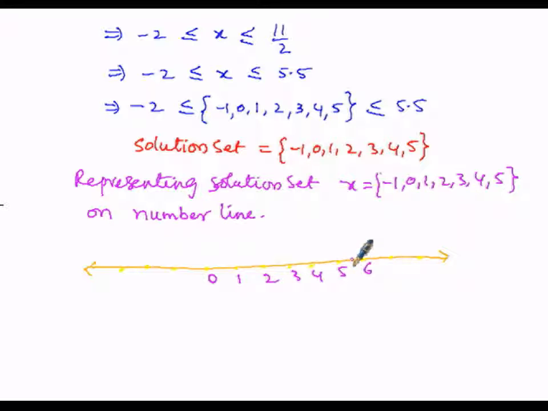This indicates 5.5, then 6. Then the left side is -1, -2 and -3. In order to represent the solution set, I am going to represent it by means of dark dots: -1, 0, 1, 2, 3, 4 and 5.